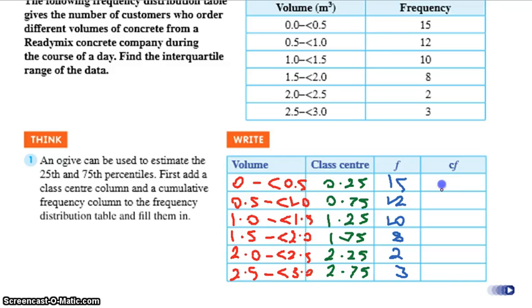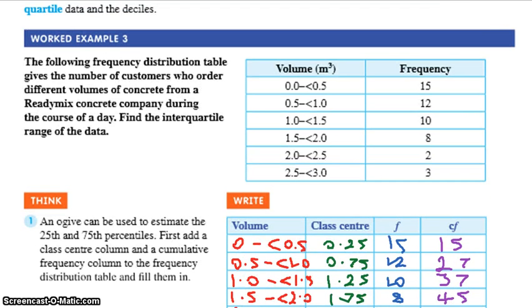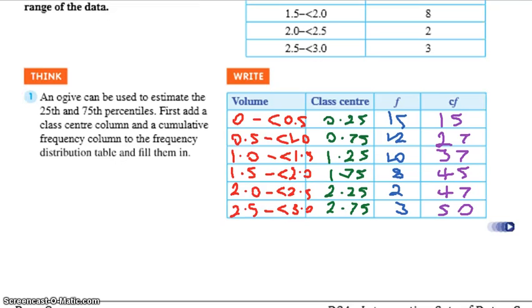And 12 plus 15, or 15 plus 12, take your pick, doesn't matter. 27. Yep. Then what? 37. Yep, then what? 45. Yep, then what? 47. Then what? 50. Excellent. They didn't tell us how many there were, but we've got 50.